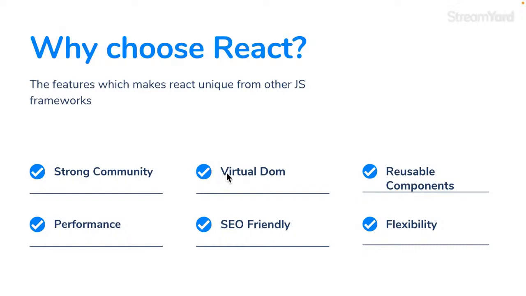Second feature is virtual DOM. Let me tell you in brief now. We'll be covering that in detail later on. React provides us a virtual DOM. So in a dynamic website, whenever something in the website gets changed, you feel like the whole web page gets reloaded.